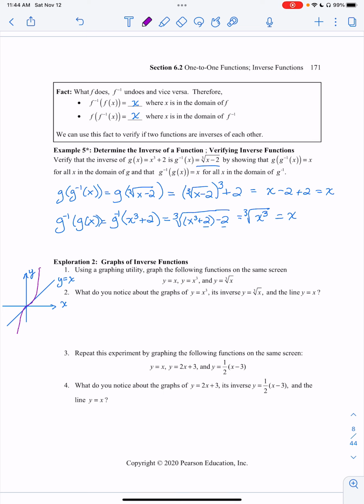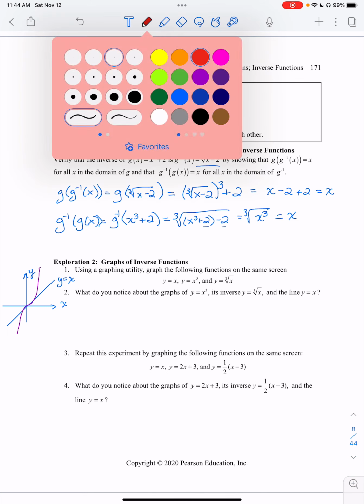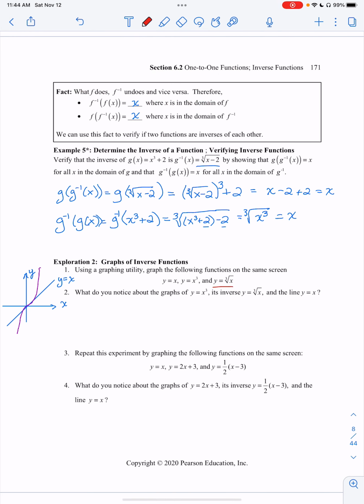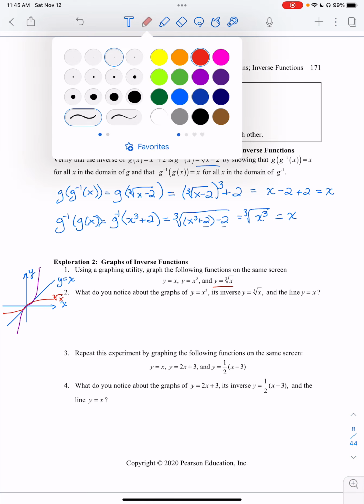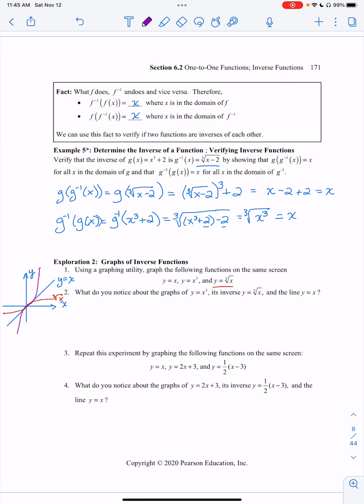It's our favorite function. And then if I look at the graph for this, what I see is that it actually comes over this way and up and over this way. So this is our cube root of x, and this other one is the x cubed function. So what you see is they become a mirror image right across this line of y equal to x.